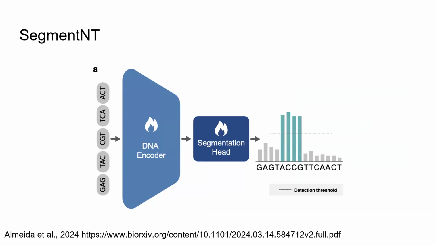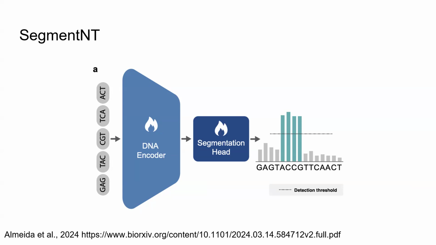I want to mention this briefly. I don't know how widely used this particular model is, but this is a paper where they took the nucleotide transformer that we just talked about, and they put another head on top of it to improve their performance on downstream tasks. And I want to talk about it because that segmentation head is really interesting.